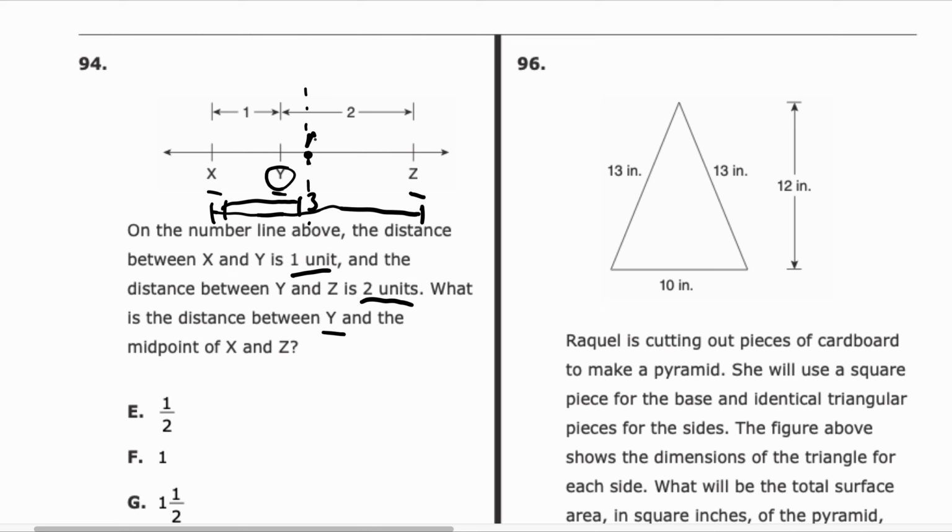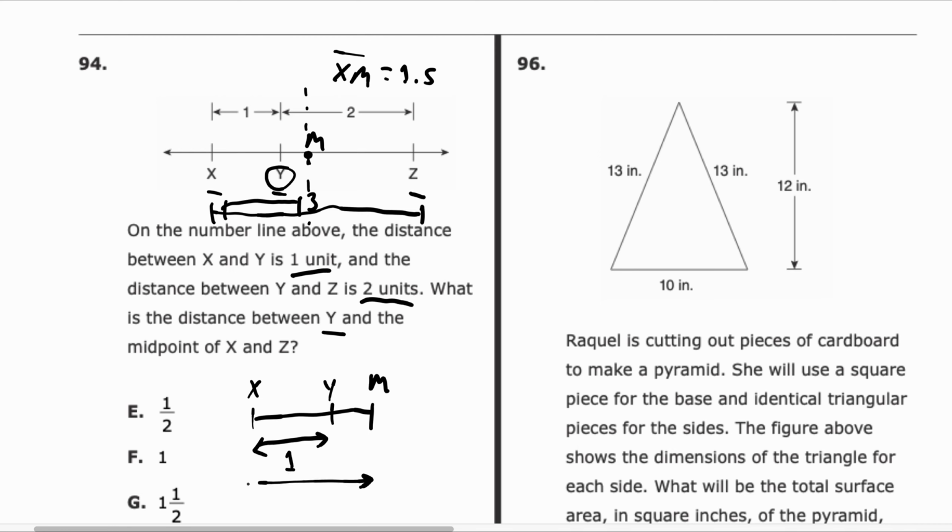So I'm going to call the midpoint M. So we know that XM, the length of that is just 1.5. So let me redraw this actually. So this is X, this is M, and then we have, let's say, Y here, right? So we know that this length is 1, and this length is 1.5.